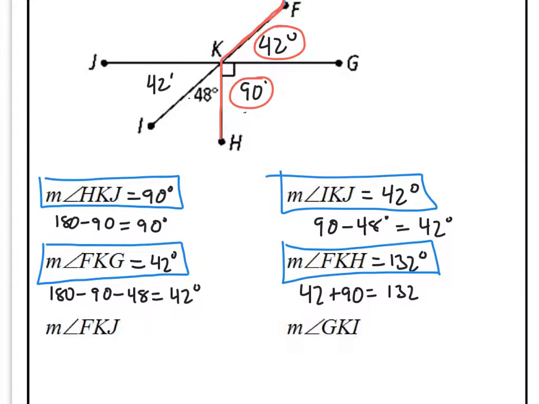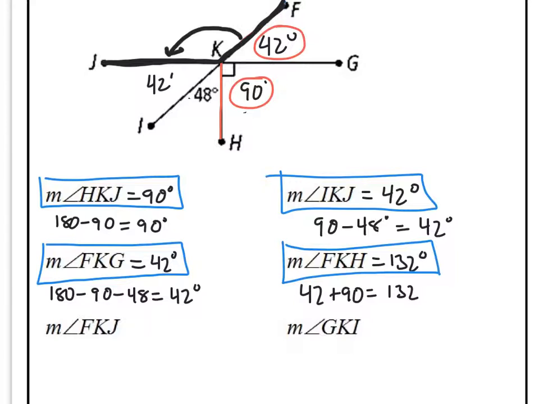They now want us to find the measure of angle FKJ. Let's see, they let me erase that. Nope, all of a sudden I got locked out of erasing stuff. All right, that's okay. FKJ, let me trace it here, is this angle up here. Now remember, in this class, we are only measuring the interior of angles. So I want to know this rotation. That's the angle measure I'm looking for.